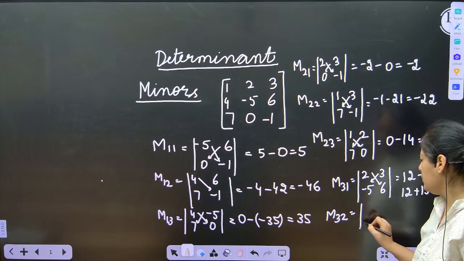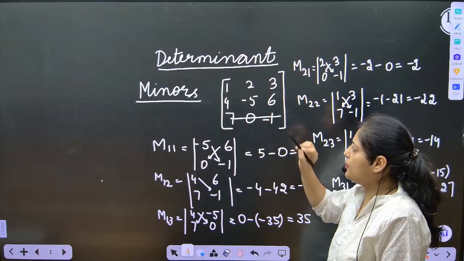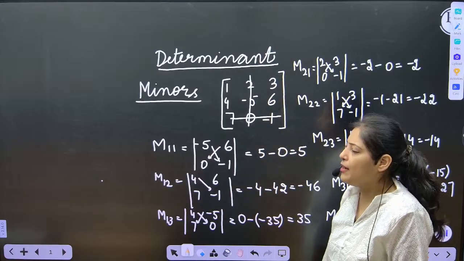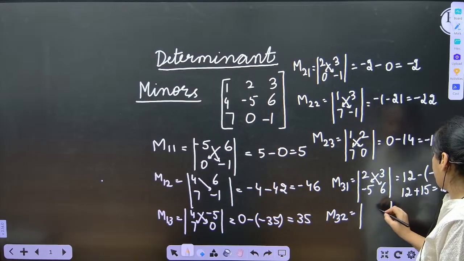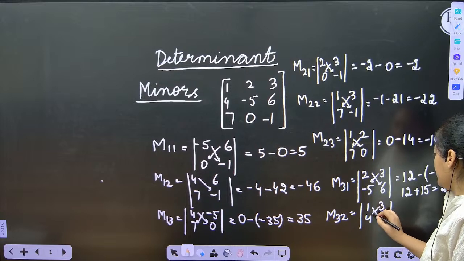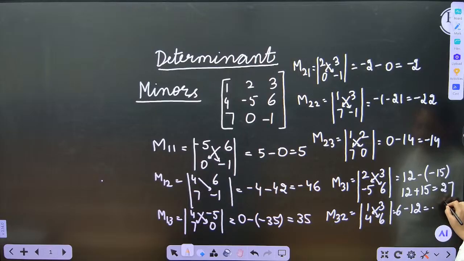M32. 32 means third row, second column. Which 4 numbers are left? 1, 3, 4, 6. Diagonally multiply and minus.